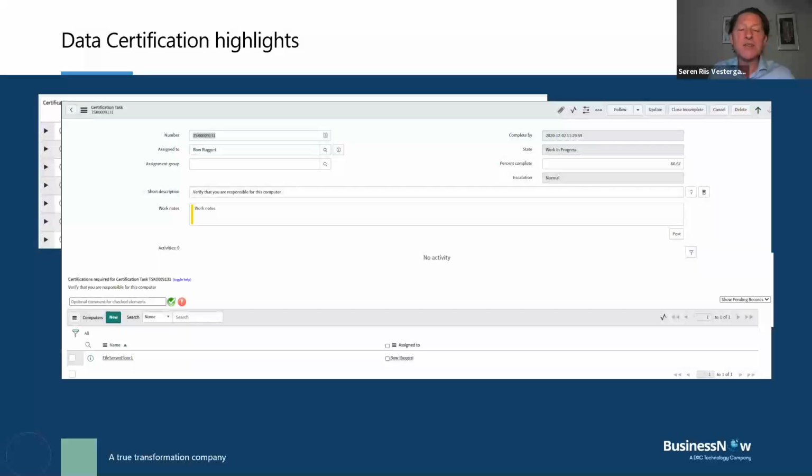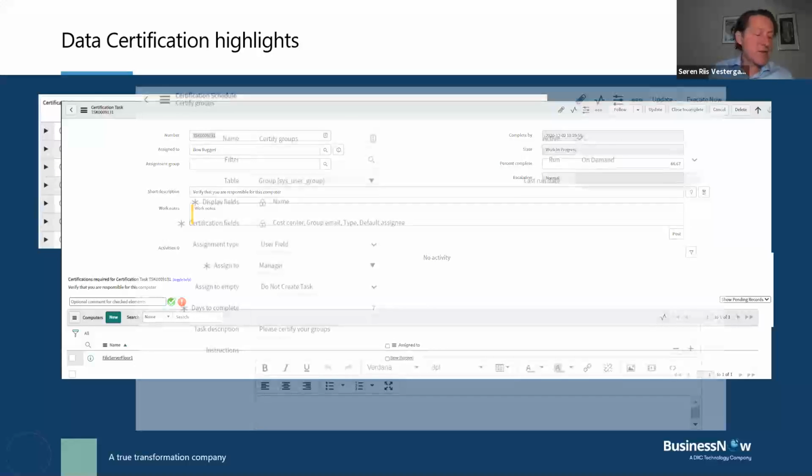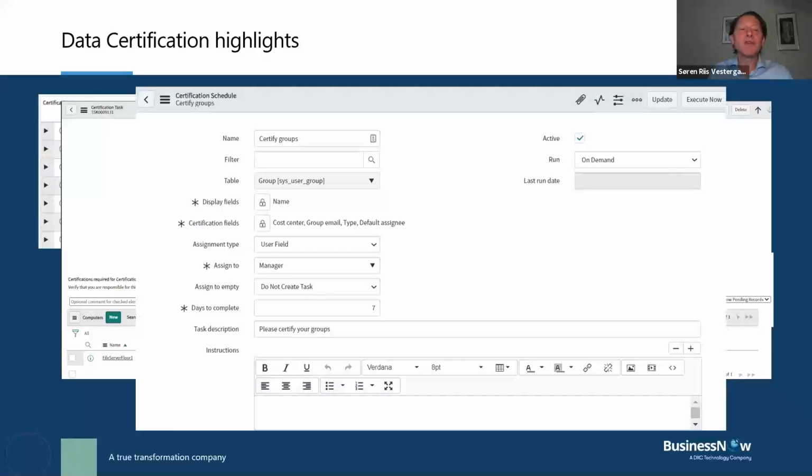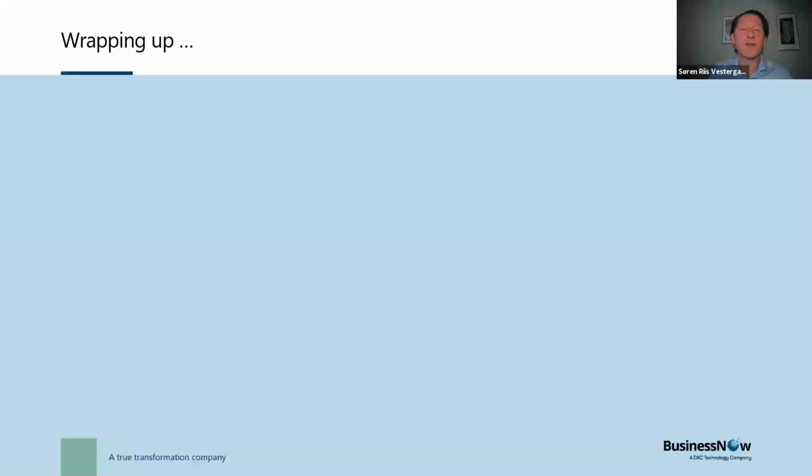So this is just one field from the table that this data certification is acted upon. And given the time I have available, this is the screen of how a certification schedule is defined. I'm not going to dive more into that at this point in time.